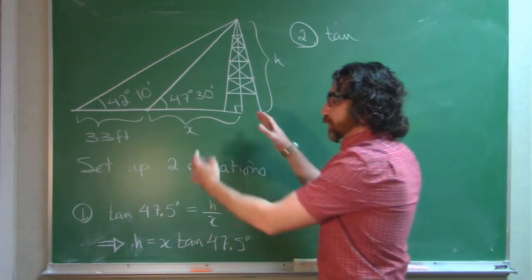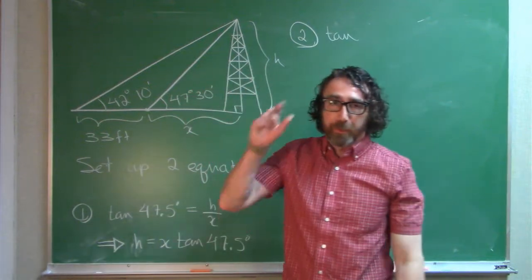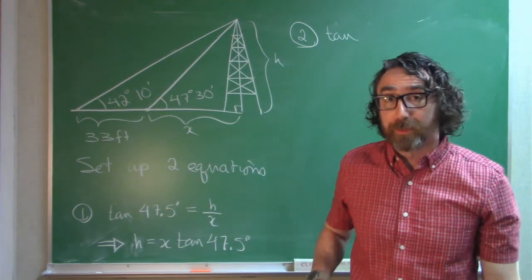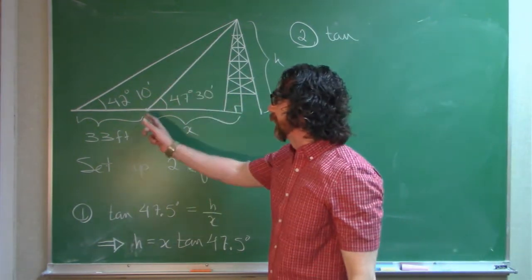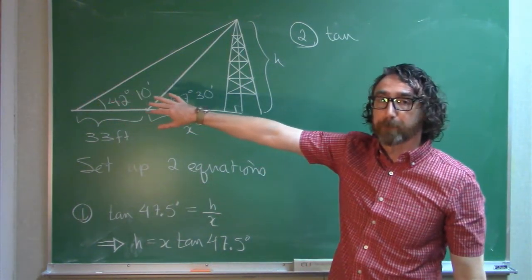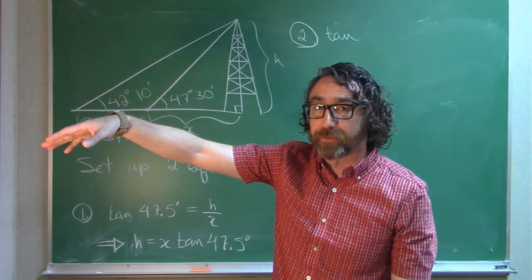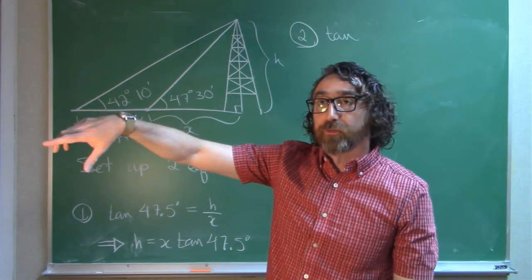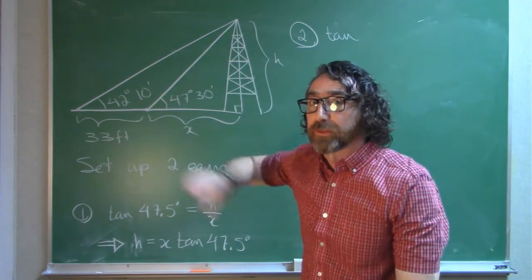Let's look at this outside triangle. You might remember an example from the previous video where we had this situation with the two triangles. If you don't remember it, go back to the video solving right triangles, extra examples.